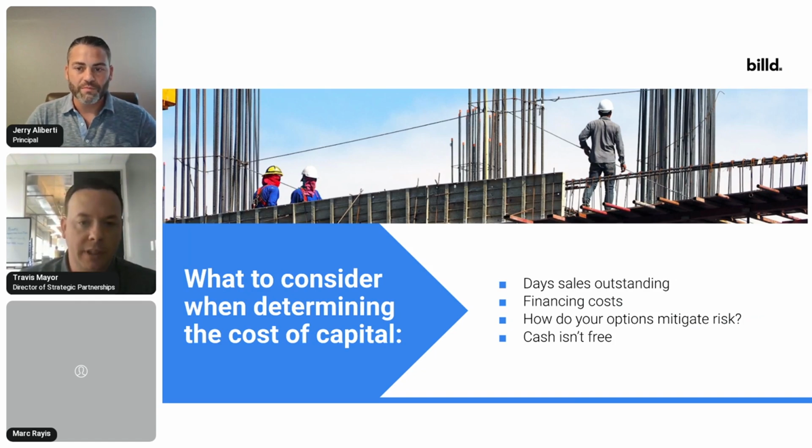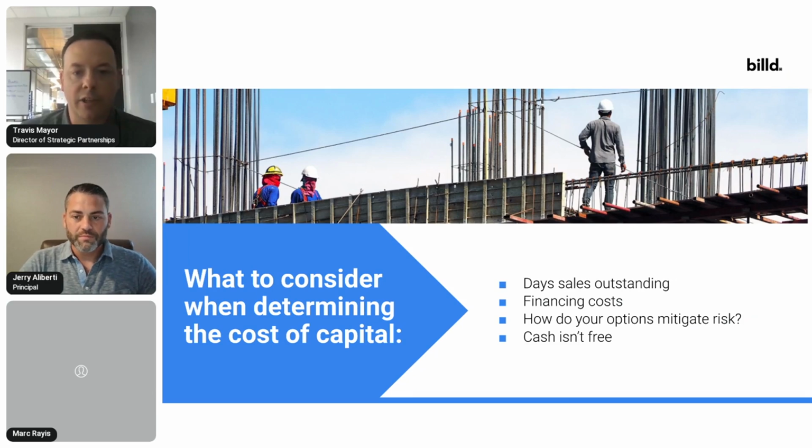Yeah. So just to recap, some of the things to consider when determining the cost of your capital: we talked about this one, right? Your day sales outstanding, blended across the business. How many days are you carrying the bag or floating the cost? But then breaking that out, depending on the size of your company. Keep it simple to start.